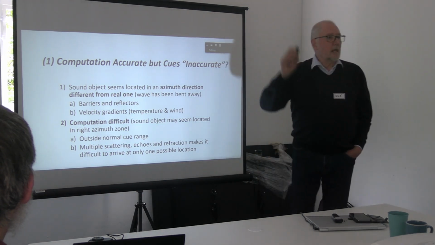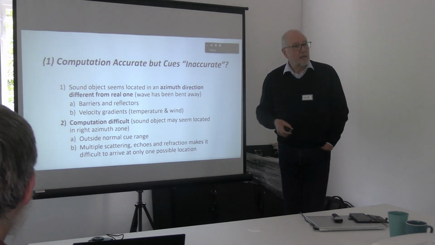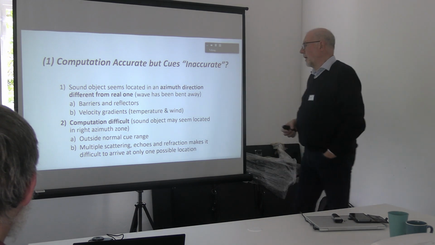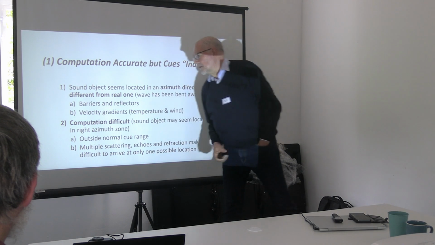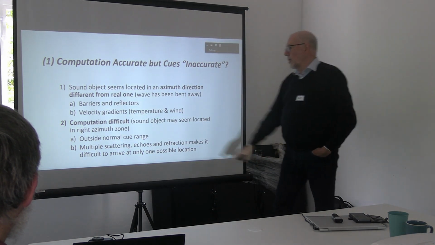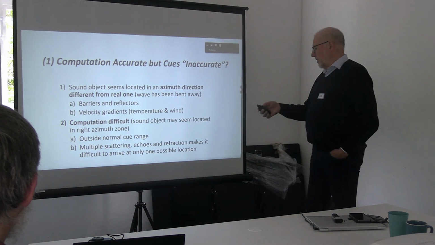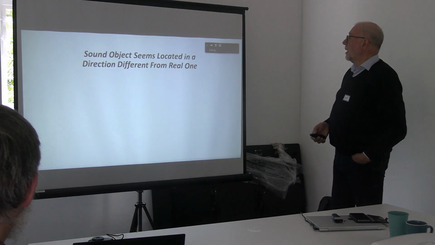And the strange names come from the Arabs who studied astronomy and gave us all those words. So this could come from barriers, reflectors, or velocity gradients. Or computation could be difficult because of multiple scattering and a lot of other things.